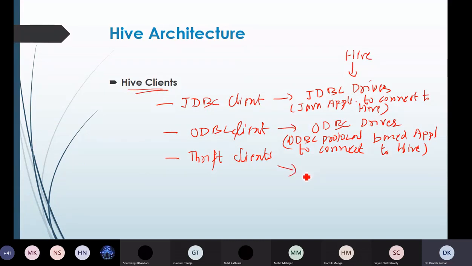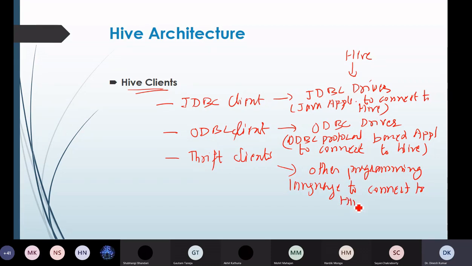Right? So this would help other programming languages to communicate with Hive by using the Thrift server. Right? So this would help other programming languages to connect to Hive using Thrift server.